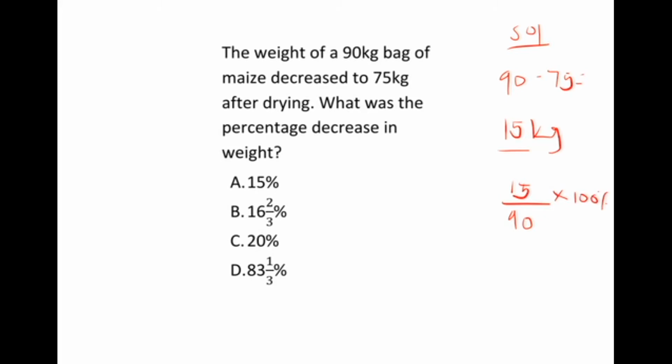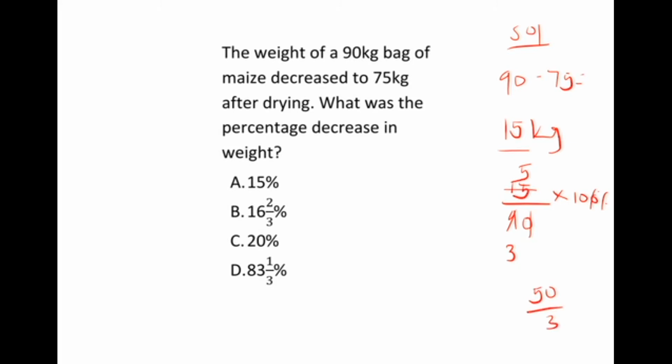From there, we shall simplify. We shall cancel this 0 with this 0. Then 9 divided by 3 is 3. 15 divided by 3 is 5. 5 times 10 is 50 over 3.